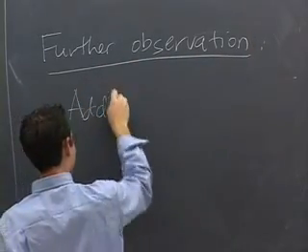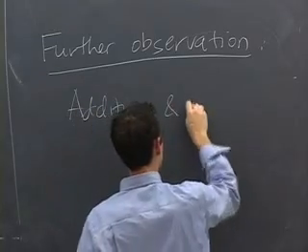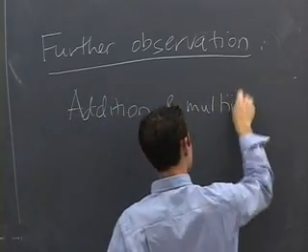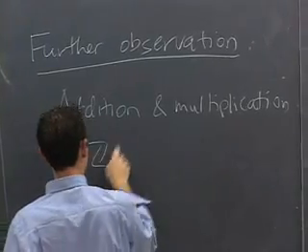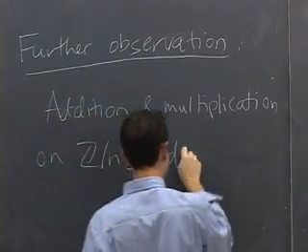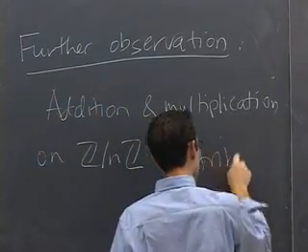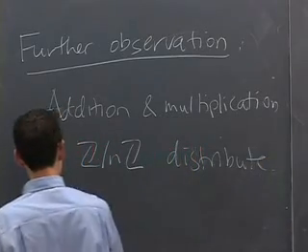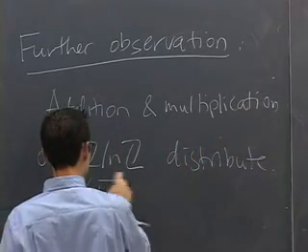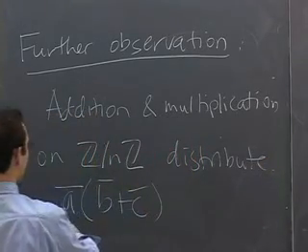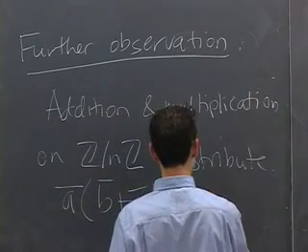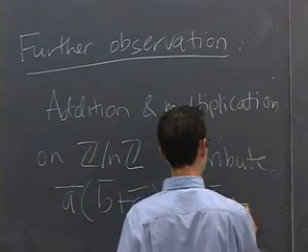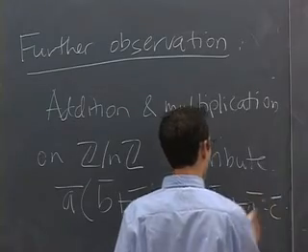The addition and multiplication on Z mod nZ distribute, in the precise sense that if I multiply a bar times b bar plus c bar, then this is the same as a bar b bar plus a bar c bar.